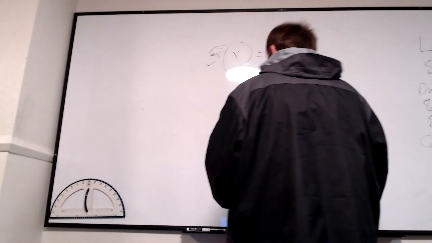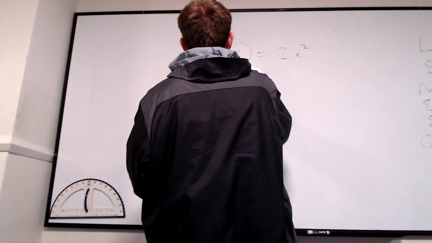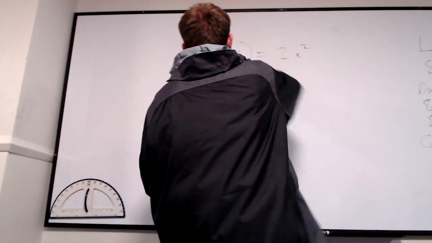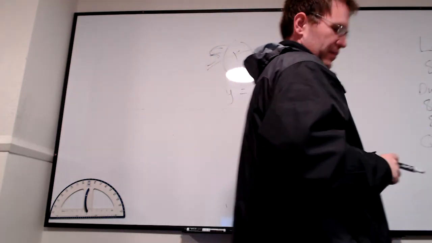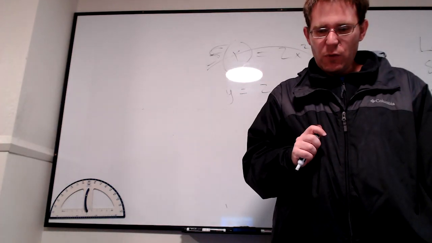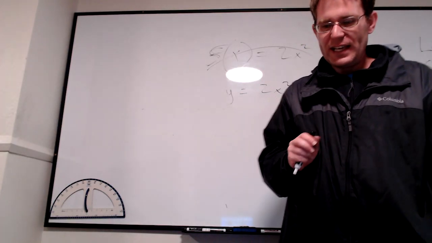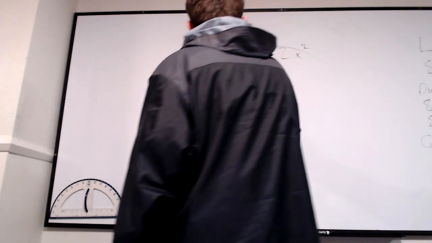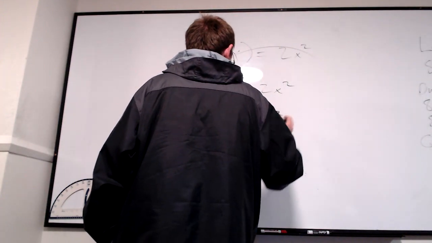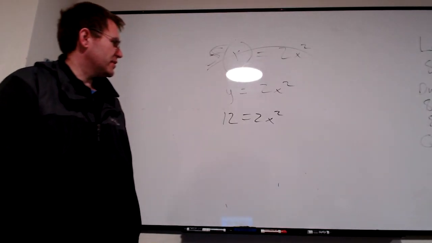It's not very well written. We could just say y equals 2x squared, that might be easier. Same thing, same idea, we just did this. So what do we get if we say that 12 equals 2x squared?